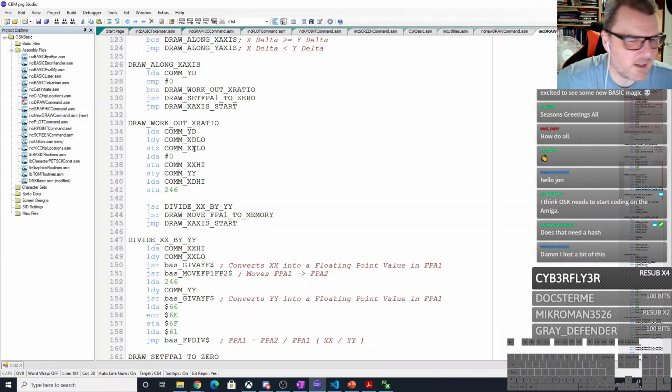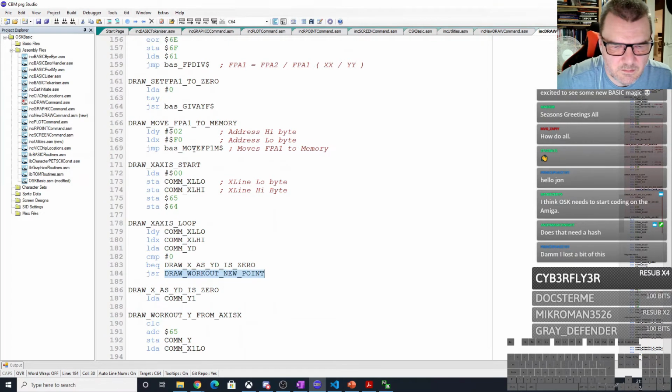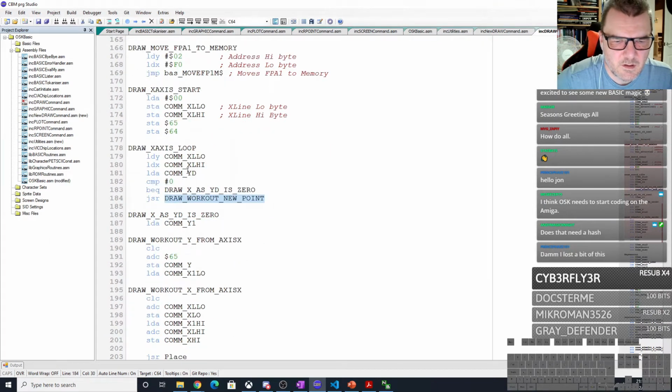Does that need a hash? No. 65 is what is the memory address when you convert back to integers.